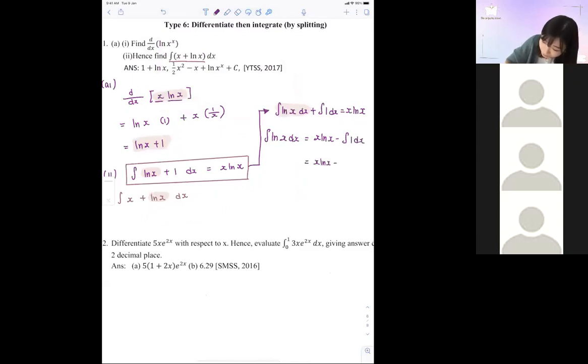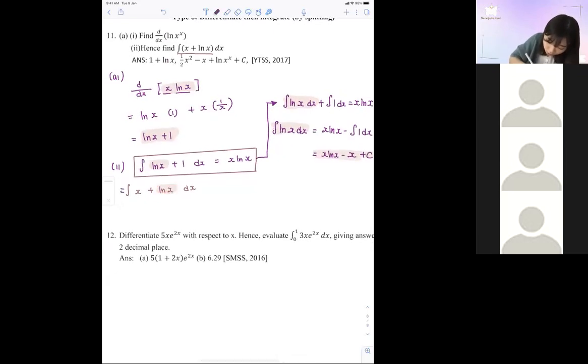So X ln X minus X plus C. Okay, so now you have it. Integrate of ln X is here. Now we can do this. Okay, so integrate of X is X squared over 2. Integrate of ln X is right here. We just copy. That's it. That's your answer.